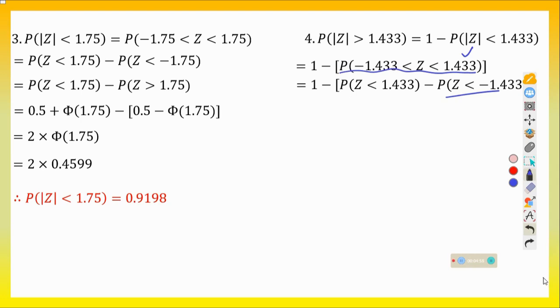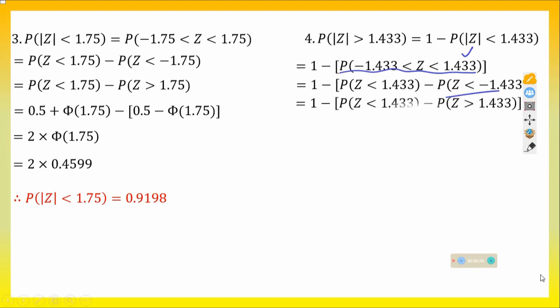Then from this point, we shall have 1 minus that. So from here, we change this inequality sign to greater than because of a minus. If we remove a minus, make sure you change the sign here.